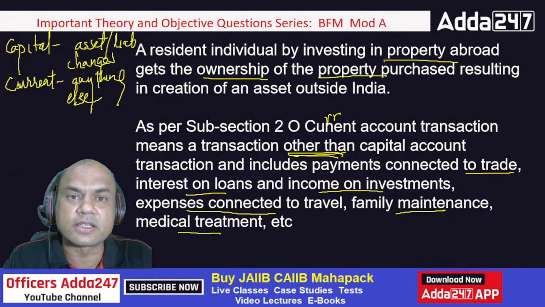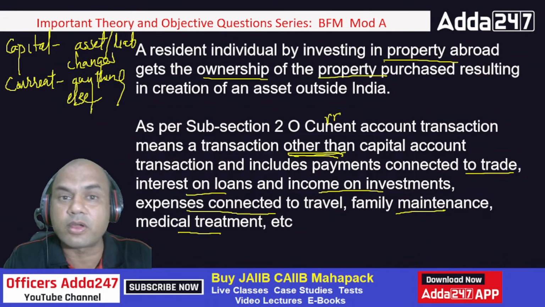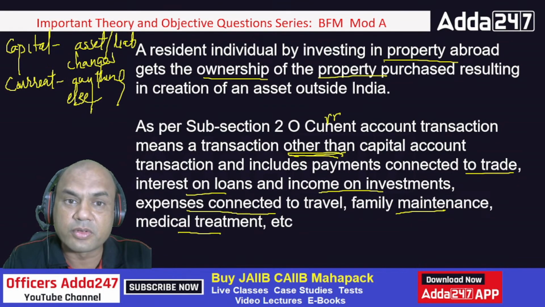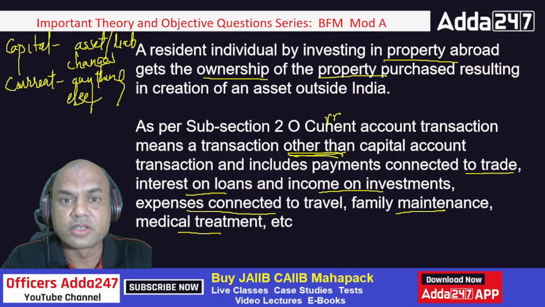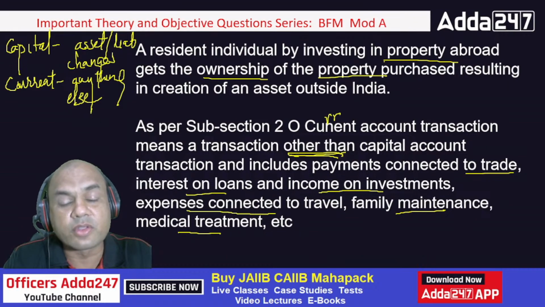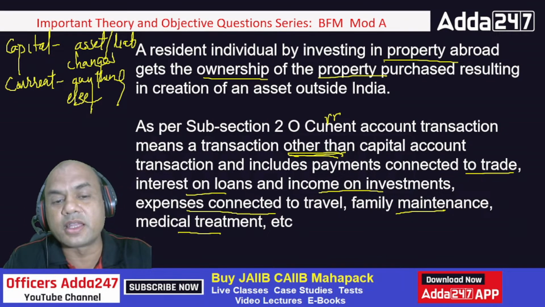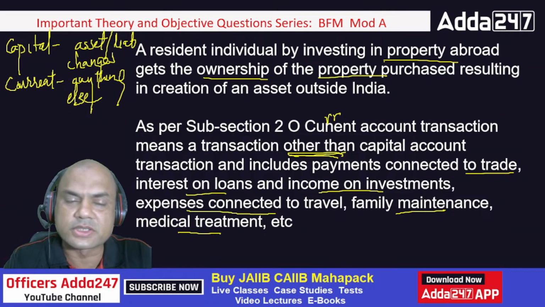But tomorrow if I sell the refrigerator in my shop, which I use for keeping cold drinks, or sell the furniture in my shop, which I use for keeping all my other stuff, that will be considered a capital change. So when I am changing some fixed asset or asset of long-term nature, then it is known as a capital account change.